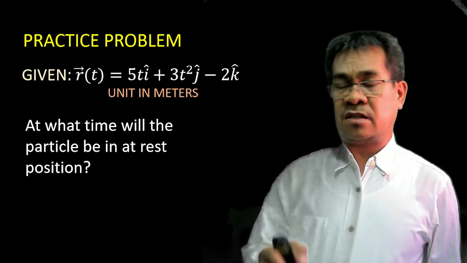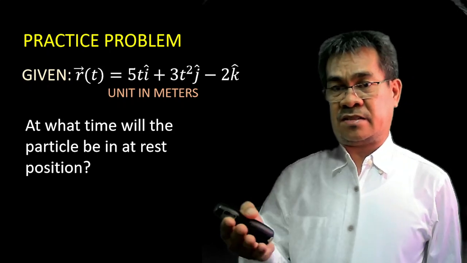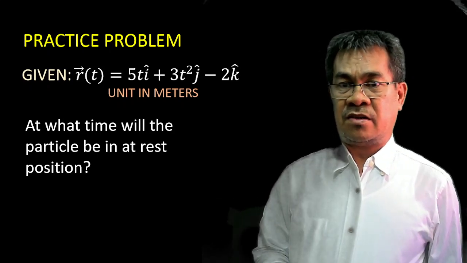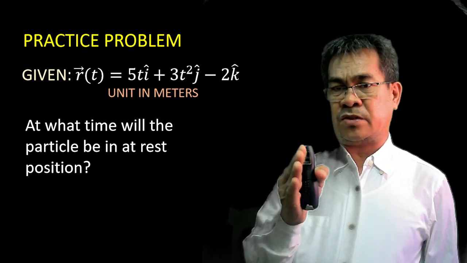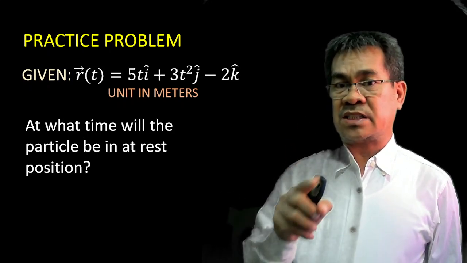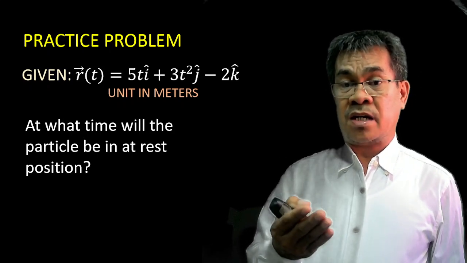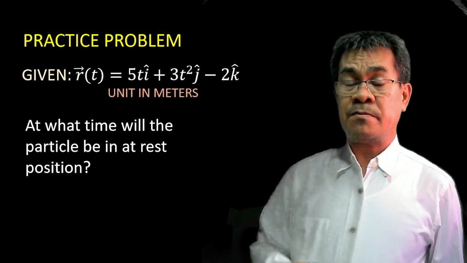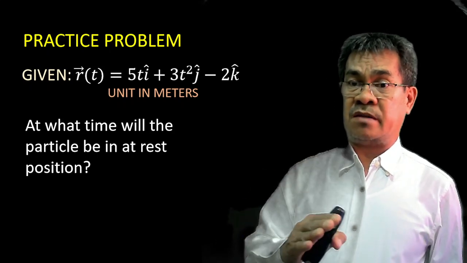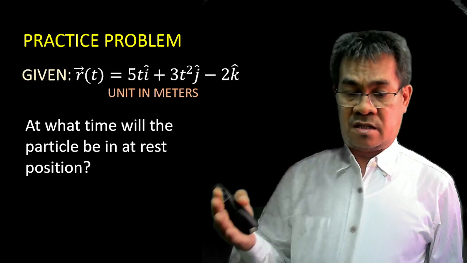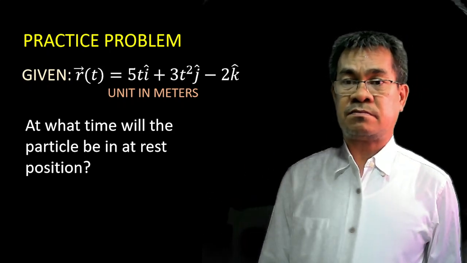Now take note that when you look at the equation, time 0 is not at rest. Have you seen it? If you substitute time equal to 0 in the position, the result is negative 2k, which means that the particle has a position. If there is a position, there is time, then it follows that there must be a velocity there.